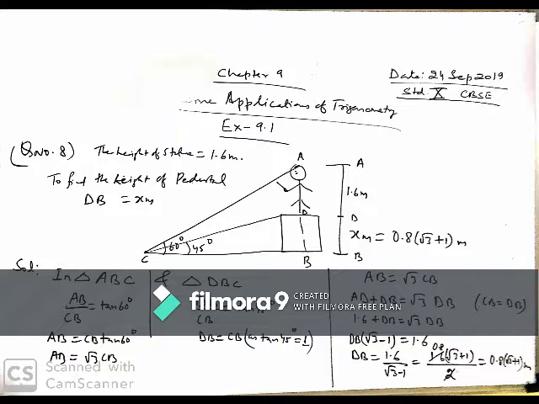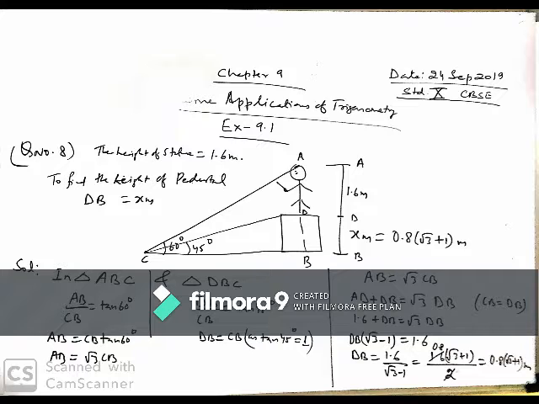Similarly, in triangle DBC, DB by CB is equal to tan 45 degrees, which is equal to 1. So DB is equal to CB. So DB we have found, which is equal to CB only, and AB is equal to root 3 CB.